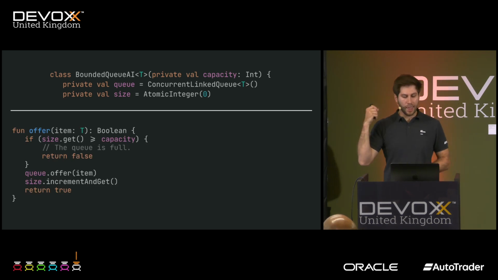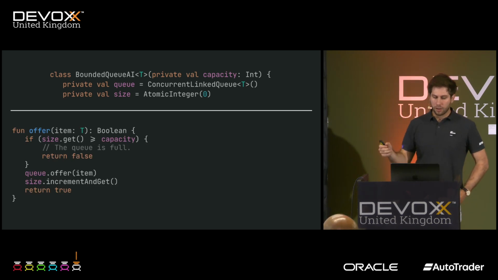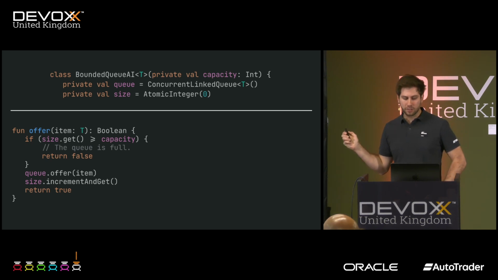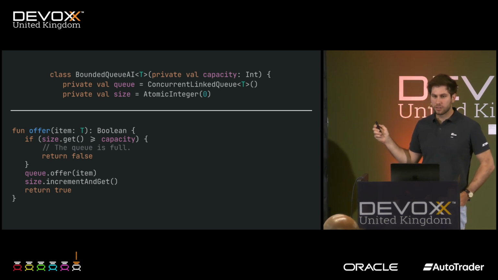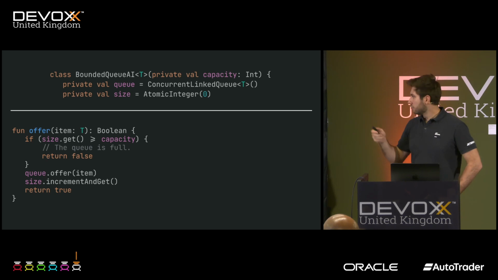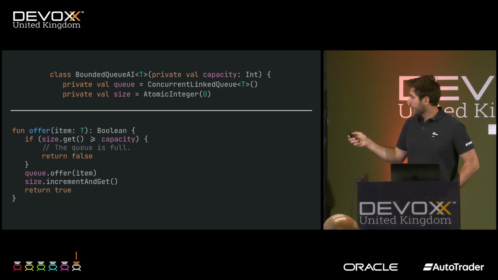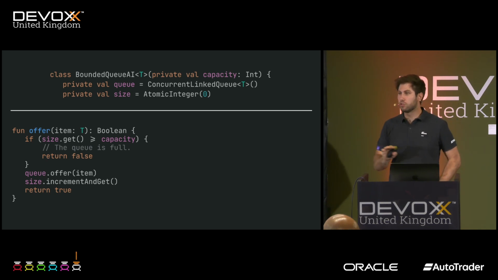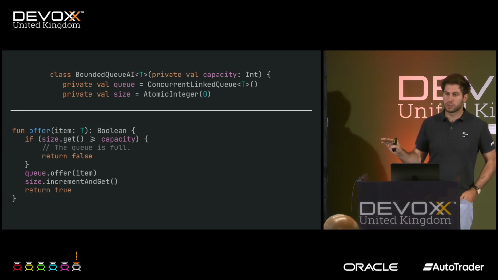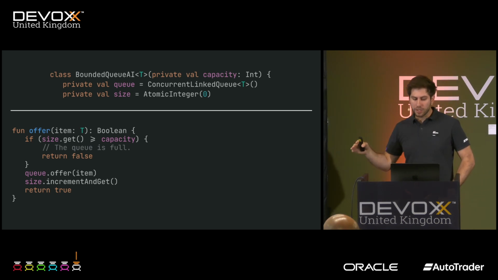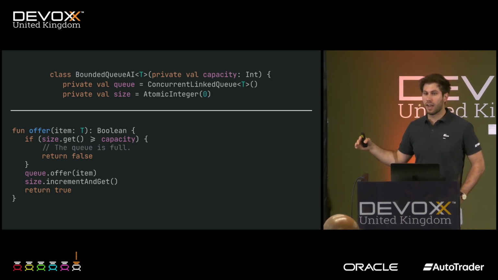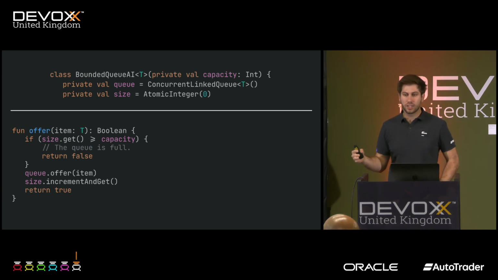To add a new element, the algorithm first checks the size, and if the size is equal to the capacity or greater, we say no, the queue is already full, so we return false and don't insert the element. Otherwise, we insert the element into the underlying queue and increment the counter.